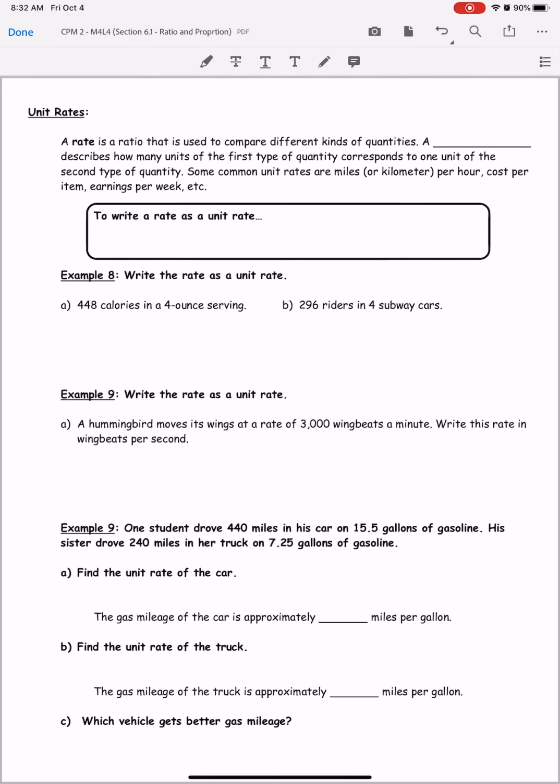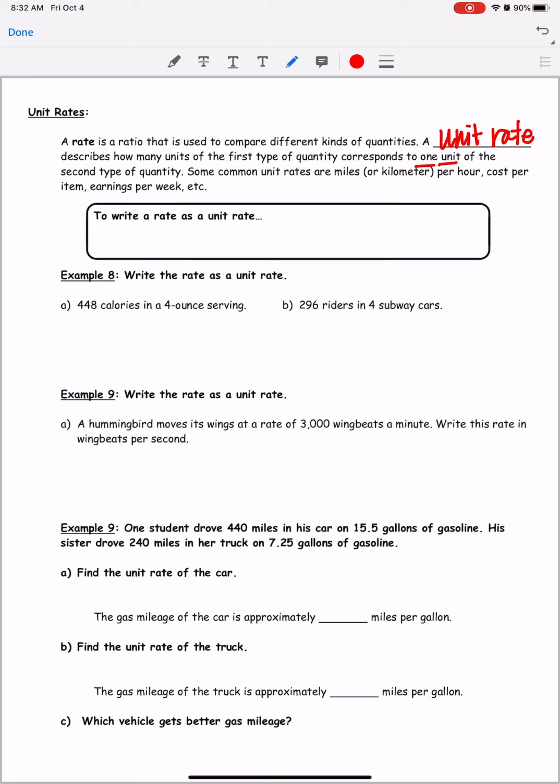And then lastly here, unit rates. Okay, it says right here, a rate is a ratio that is used to compare different kinds of quantities. So a unit rate describes how many units of the first type of quantity corresponds with 1 unit of the second type of quantity.